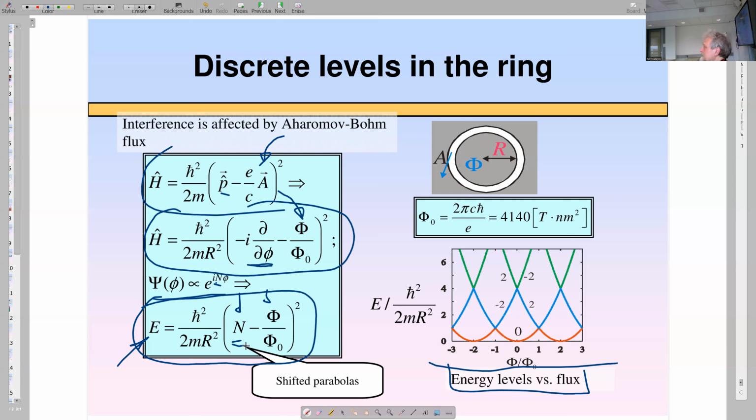We can define the projection of angular momentum onto this axis. And a big issue in quantum mechanics is that this momentum is quantized. Angular momentum is quantized. That's the quantization which we encounter here.